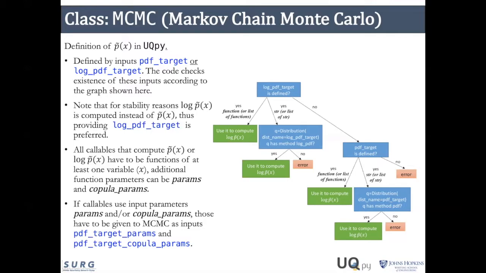Basically, the code is going to check the existence of these inputs according to the graph that's shown here. First, it's going to check if log_pdf_target is defined. And if yes, it's going to check how it is defined.